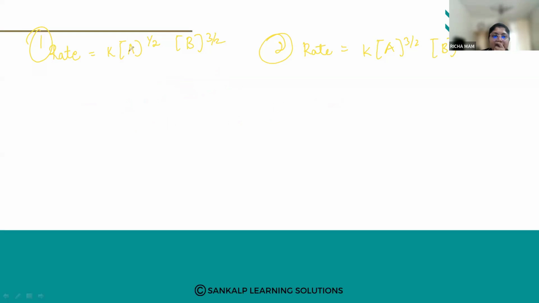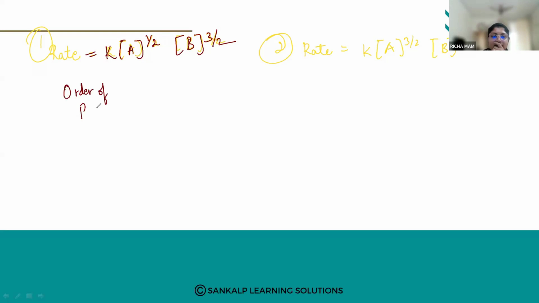They have given a rate equation: A raised to 1 by 2 and B raised to 3 by 2. This is the rate equation. So what is the order of reaction? It is the sum of the powers of the concentration terms of the reactants.